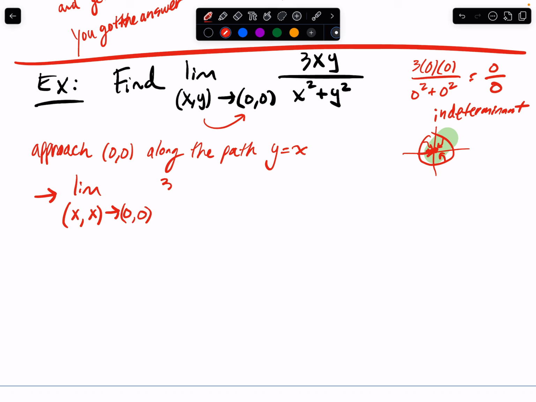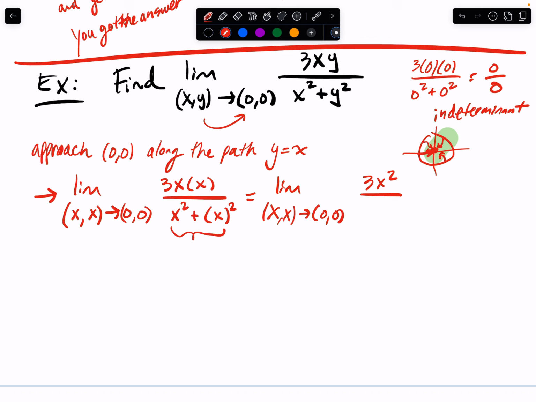Everywhere you see a y, you put an x. So this becomes the limit as (x, x) goes to (0, 0) of 3x squared over x squared plus x squared, which is 2x squared. These two will cancel, and so you end up with 3 over 2.